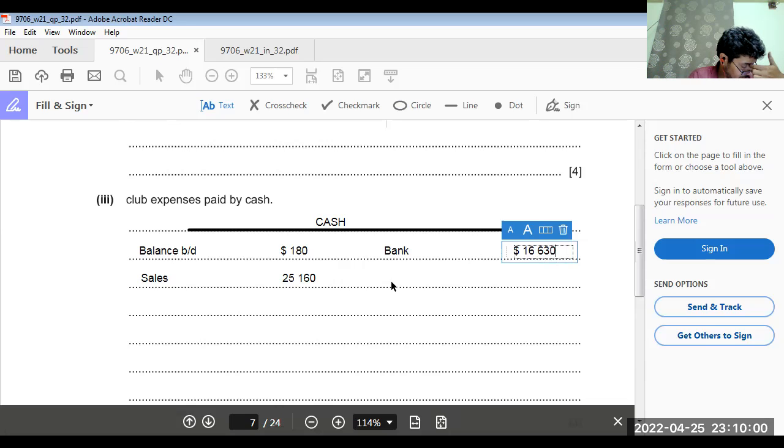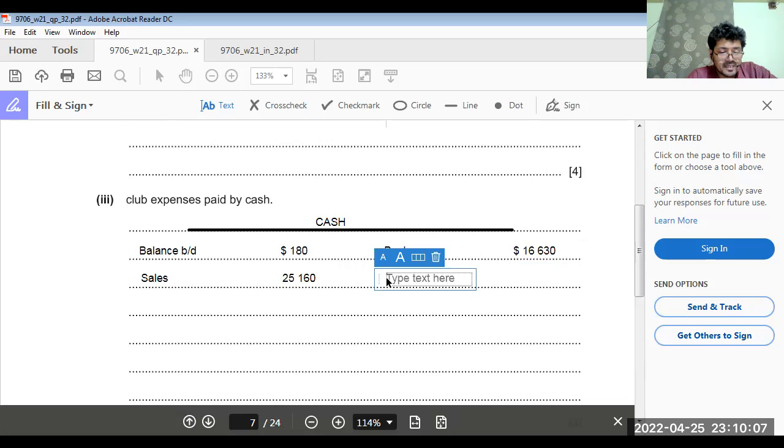Now, what is left? Cash expenses. Expenses. Oh, sorry. One thing is left, yeah. I don't know what's wrong with my laptop. Yeah. So what to have?